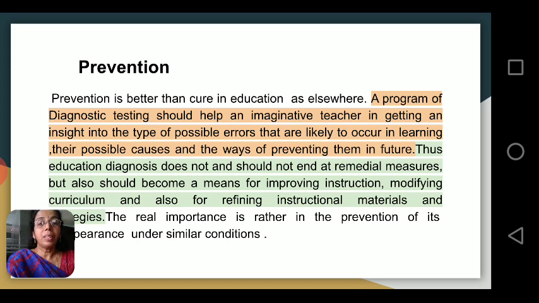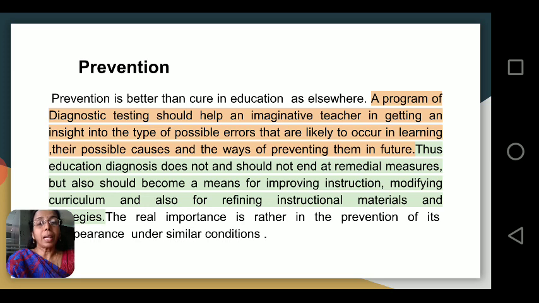That means the teacher has diagnosed, hypothesized the probable causes of learner difficulties. Then the teacher can prevent these probable causes in similar learning situations. That is prevention.